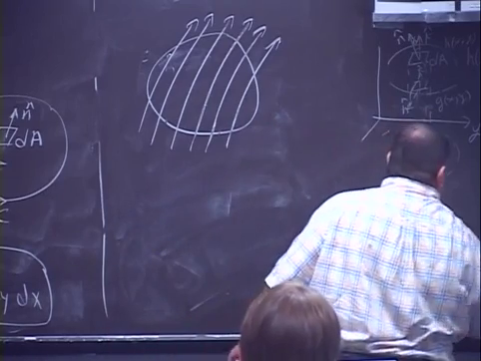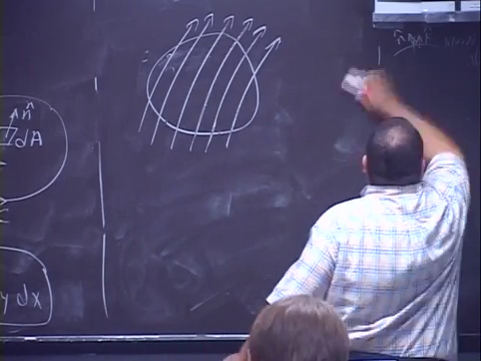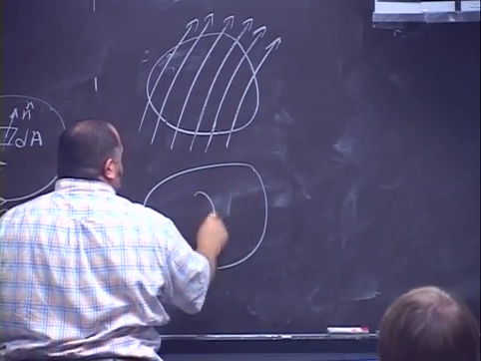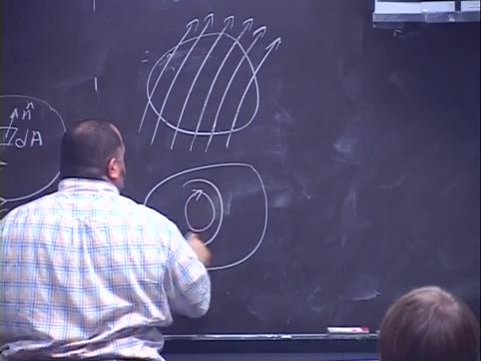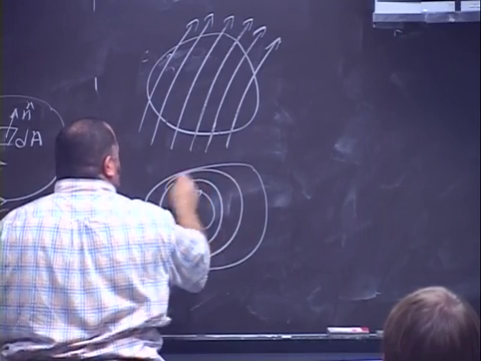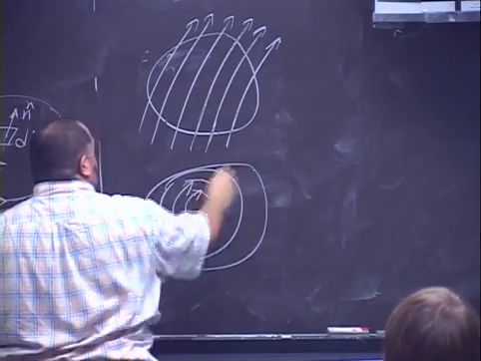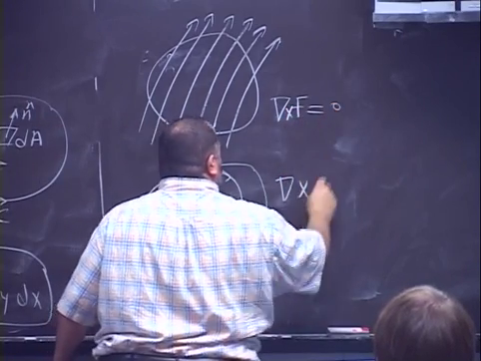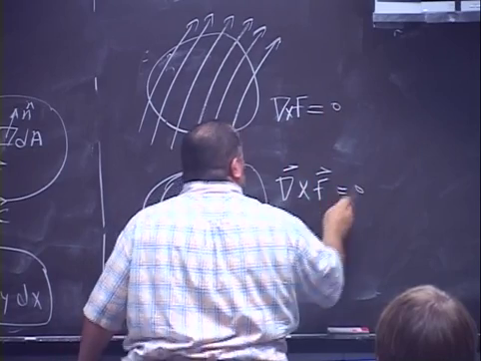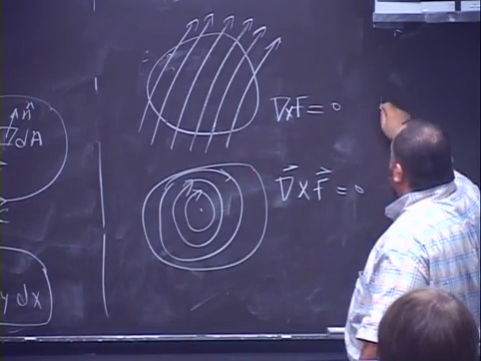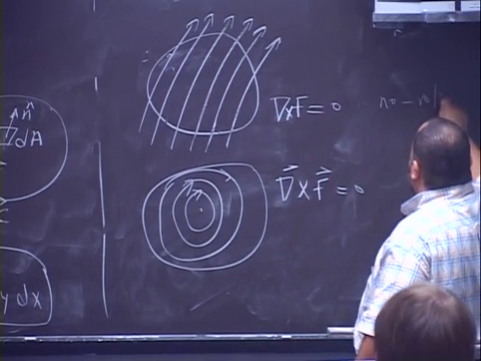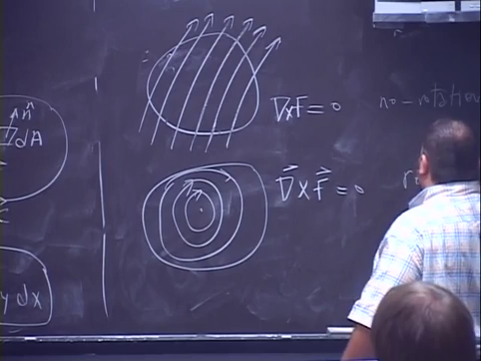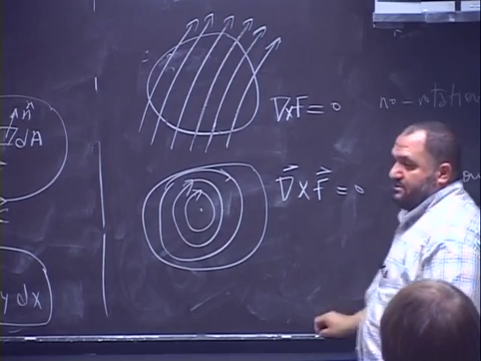The curl of this vector is equal to 0. On the other side, if you have a surface like this and your function is now a function like this, if you take the curl of this function, the curl of f does not equal 0, so there is a rotation in the field itself.